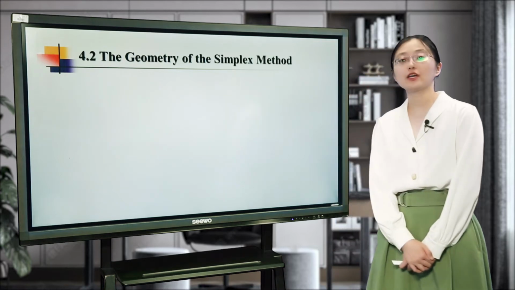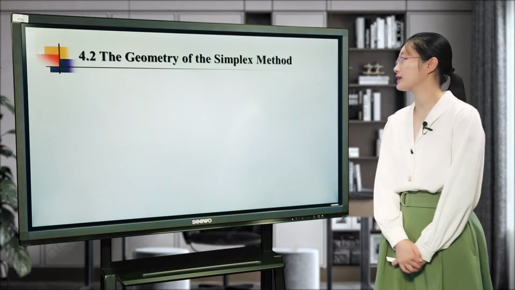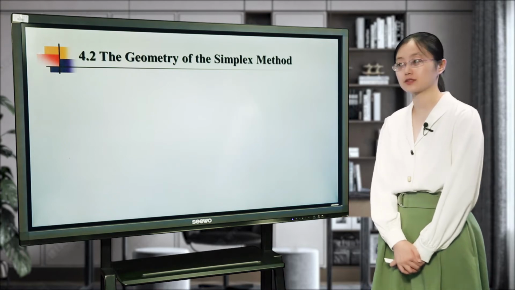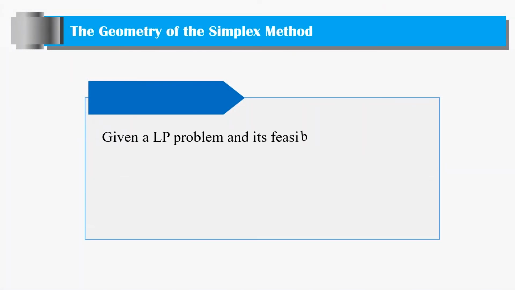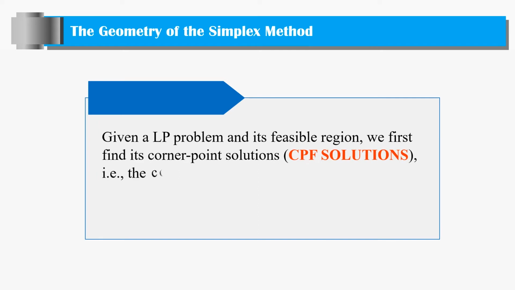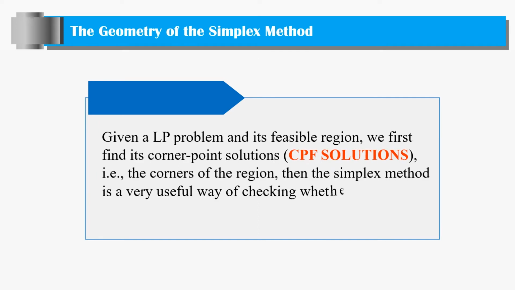So we start by introducing the geometric interpretation of the simplex method. Given an LP problem and its feasible region, we first find its corner-point feasible solutions, or CPF solutions for short. This by name just means the corners of the region. Then what the simplex method does is check whether a CPF solution is an optimal solution or not.